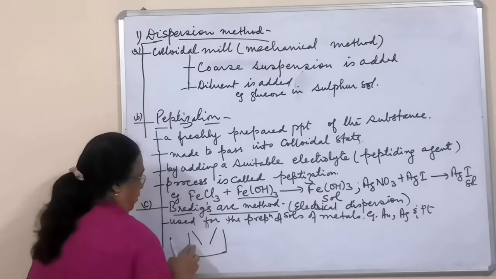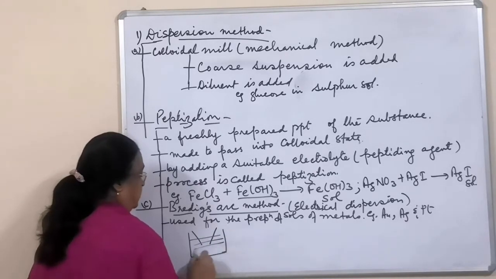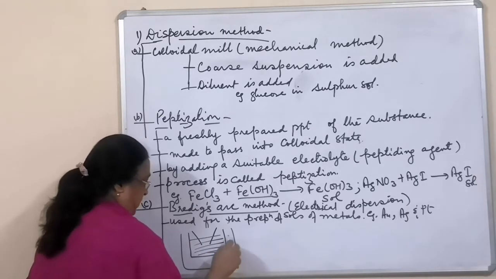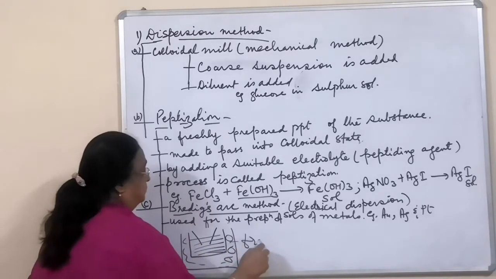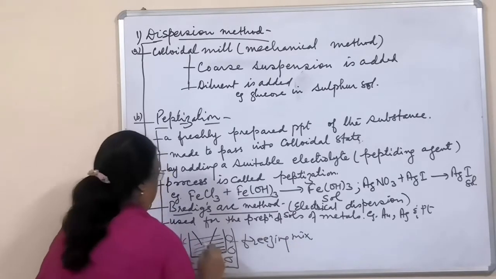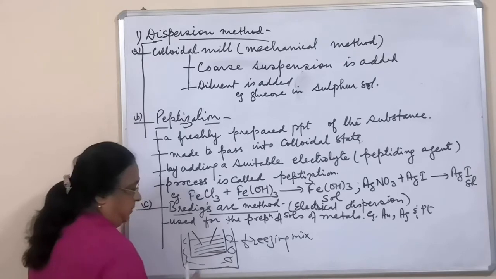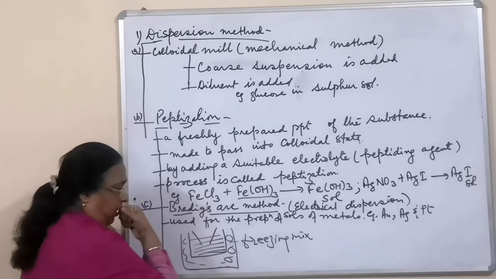The gold will be your dispersed phase, and this you will keep in the dispersion medium. This is kept in the freezing mixture, and high voltage current is passed, and these two electrodes are made to touch each other.